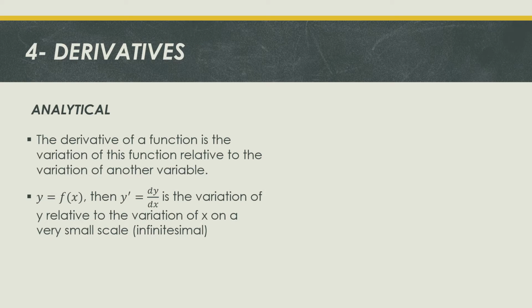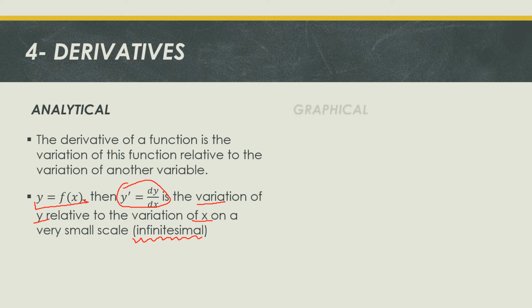For example, if you consider this line, y equals f of x, that's a function, y as a function of x. When you say y prime, which is dy by dx, you are simply determining the variation of y relative to the variation of x. Now, when you use dy by dx, then this variation is infinitesimal.